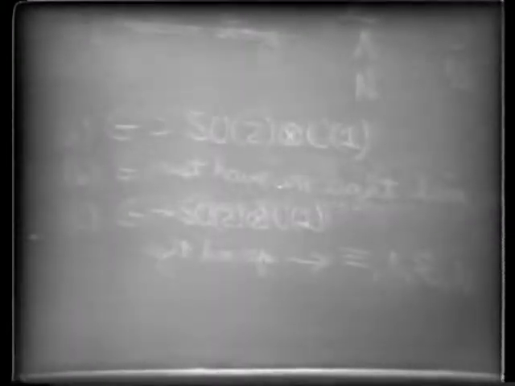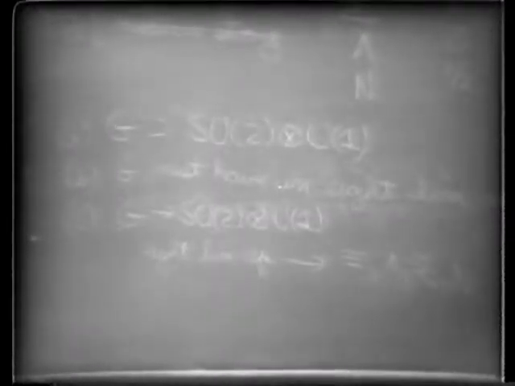Now, many years later, around 1960, Gell-Mann, in fact, guessed the right group. It's a very interesting anecdote because I was present at the time as a graduate student at Caltech.